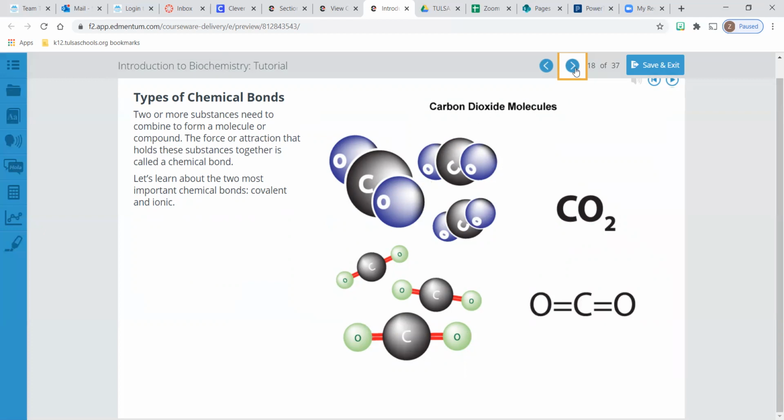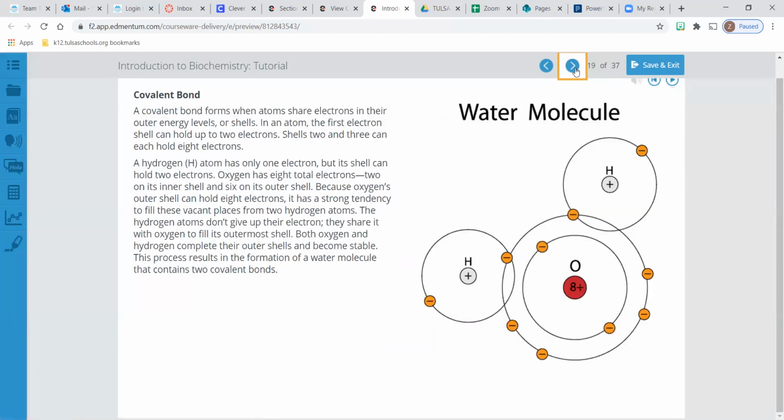There are two types of bonds that are more important to understand at this moment in time. Covalent and ionic. Covalent bonds form when atoms share electrons in the outer energy levels, or shells. That's another word we use.